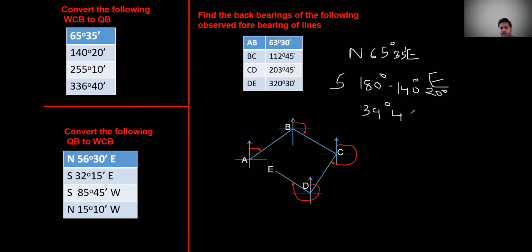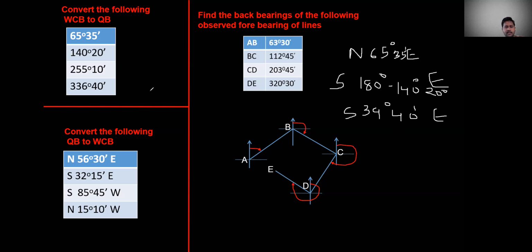That is, my reduced bearing value is southeast 39 degrees 40 minutes.